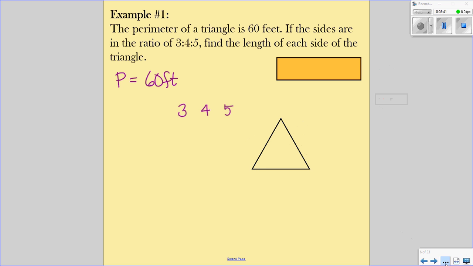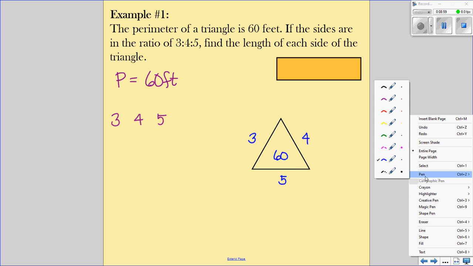And actually I'm going to move this out of the way because I'm going to use it. And pen. So that means we've got 3 to 4 to 5. And the perimeter is 60. So that means I have to find the lengths of the sides of this triangle based on this ratio.